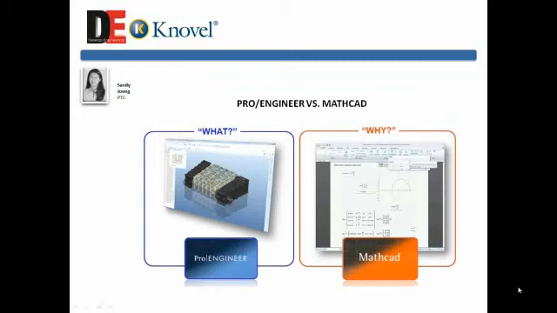I noticed on the call there are also some engineers from oil and gas. We have a very large number of electrical engineers as well. So a lot of these different types of engineers in different disciplines need to document their designs. They have some equations. The key benefit of MathCAD here is that they look like natural math equations, unlike other applications which might look more like a programming language.